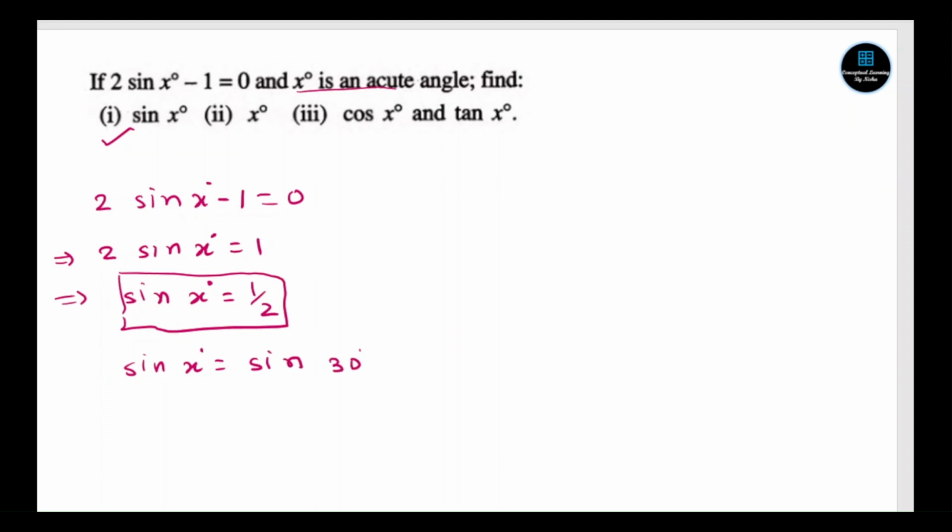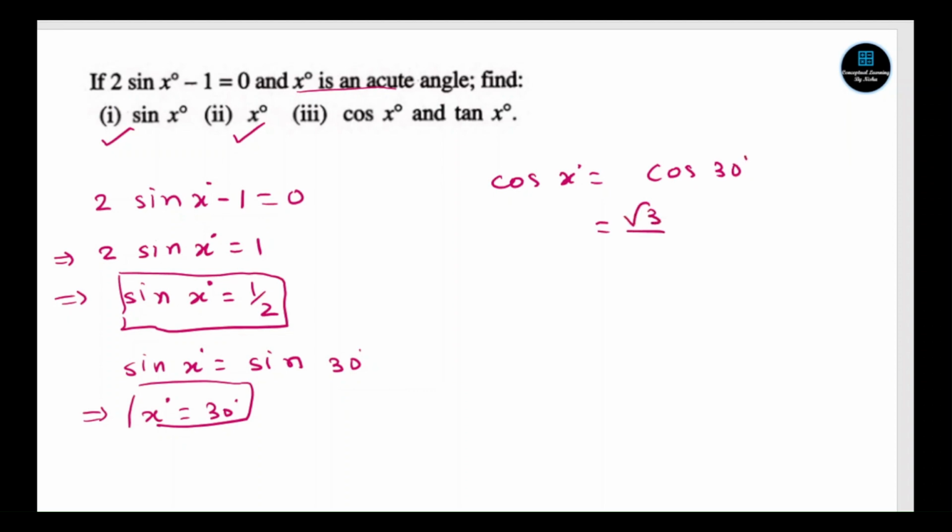I can just put this value. So from this I can say x degree is nothing but 30 degree. Alright, so this is my second answer. Now as I know x is 30 degree, so I can say cos x degree is nothing but cos 30 degree, which is nothing but square root 3 over 2.